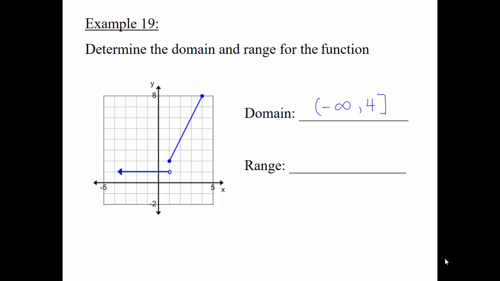Now, there is a gap between 1 and 2. So how are you going to do that? So let's look. Really, I would have put square brackets around the 1. It's 1 union 2 to 8. Again, we're looking at the y values.